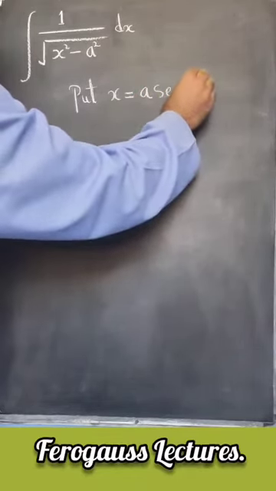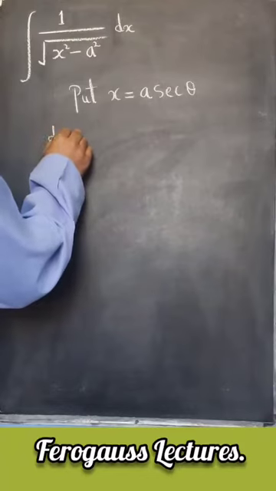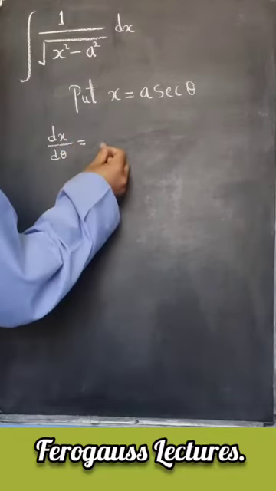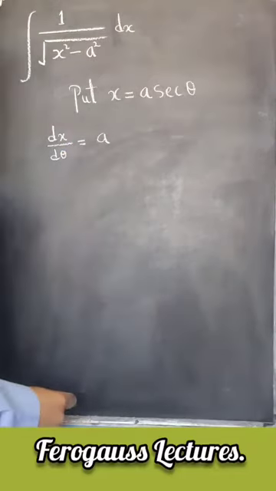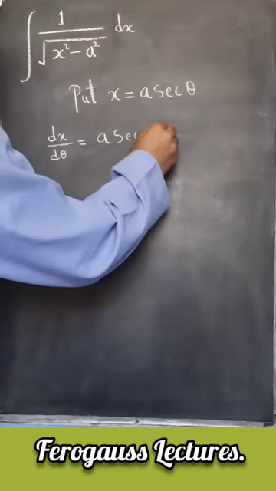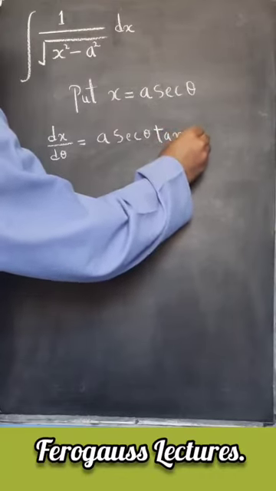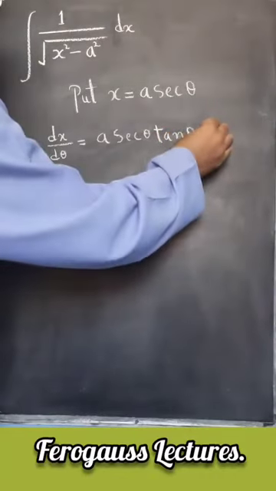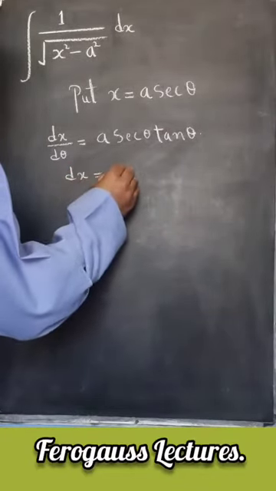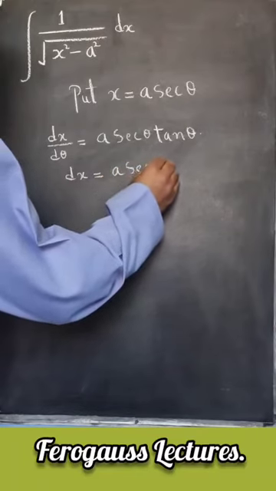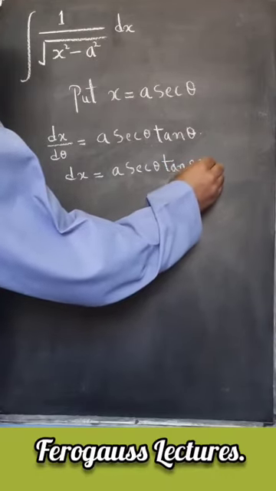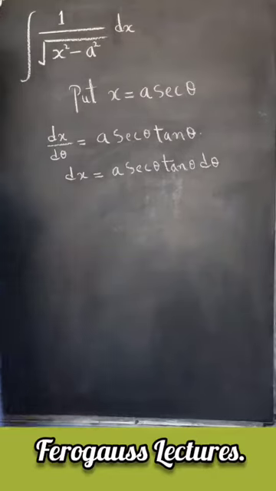Now differentiating x with respect to theta, we get dx by d theta is equal to a, and the differentiation of secant theta is secant theta tan theta, or we can write dx is equal to a secant theta tan theta d theta.